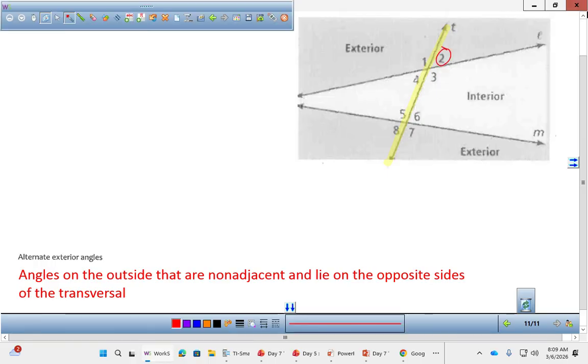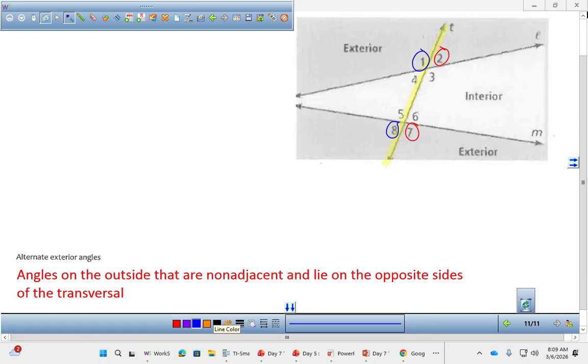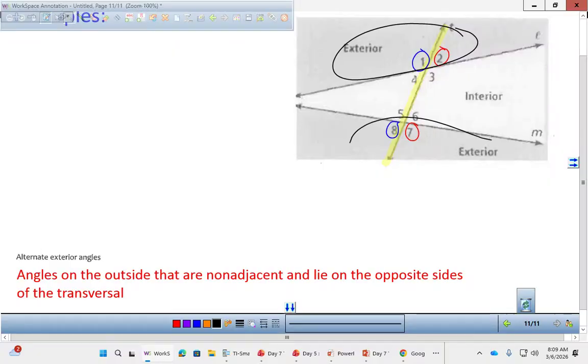They can't be next to each other. Angles that are on the outside, so that's what I'm circling in black, they can't be next to each other. So it can't be 1 and 2, and it can't be 8 and 7, because those are next to each other. And they're on different sides of the transversal.